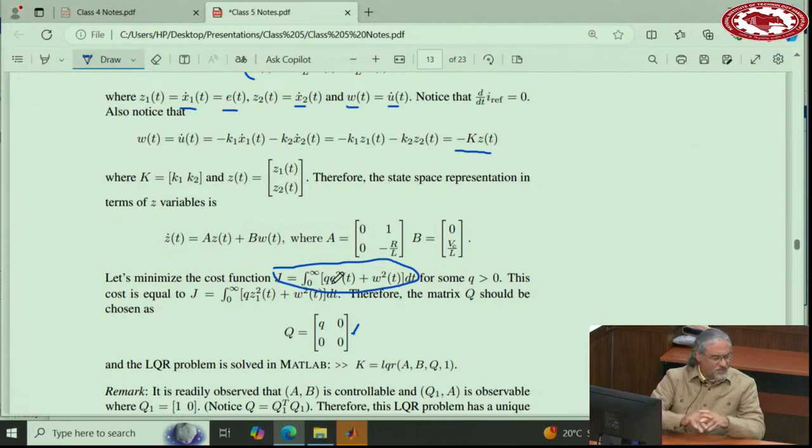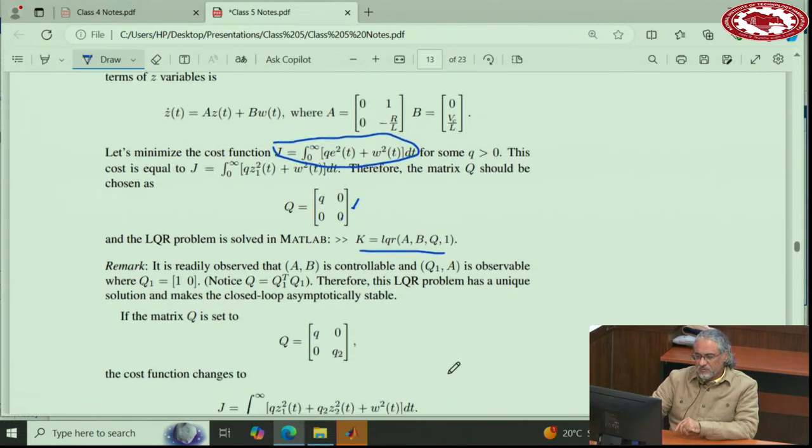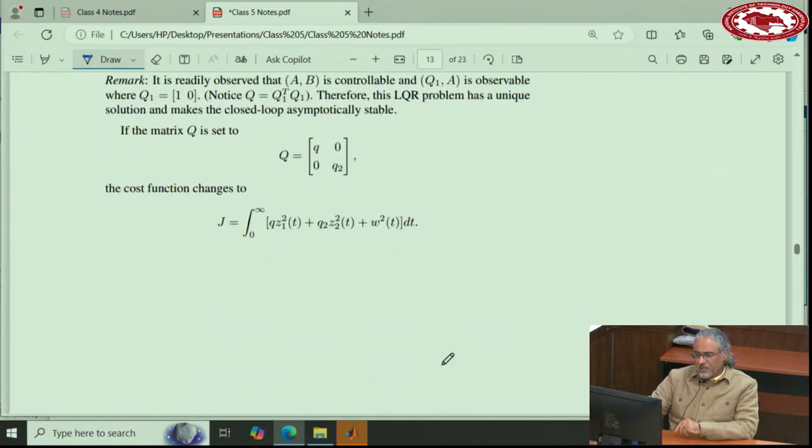The current, as long as it's within the limit, is all right, and the limiter keeps it within the limit. Now I will explain later as we go on what happens if you add another Q in the second one here. So you solve LQR. Okay, and if you add another Q, that's what I explained here. This will be the tracking error, and this will be the derivative of the current.